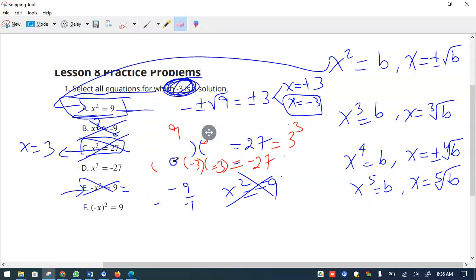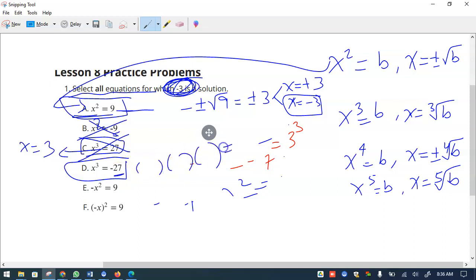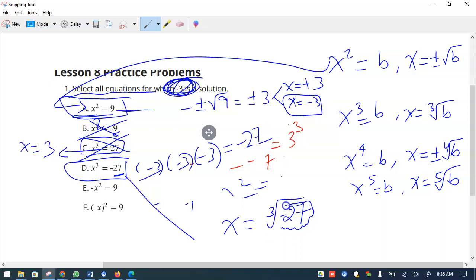Then D is the answer. Let's see. Here it is: x cubed is minus 27. You can get minus 27 if you multiply minus 3 three times. Or x is the cube root of negative 27, basically asking what number multiplied by itself three times gives negative 27, and the answer is minus 3.